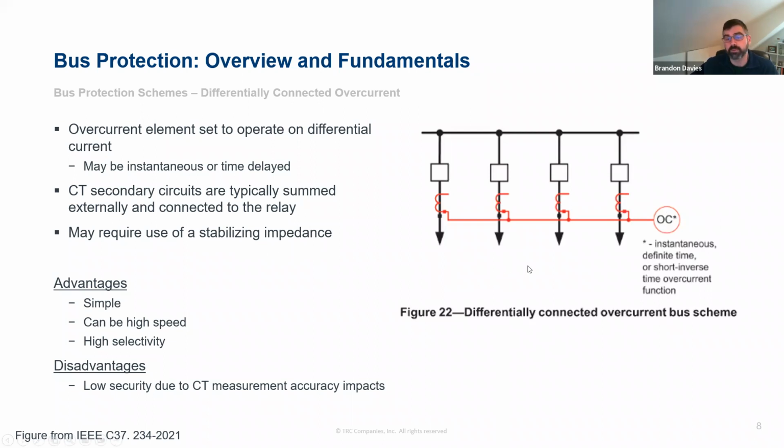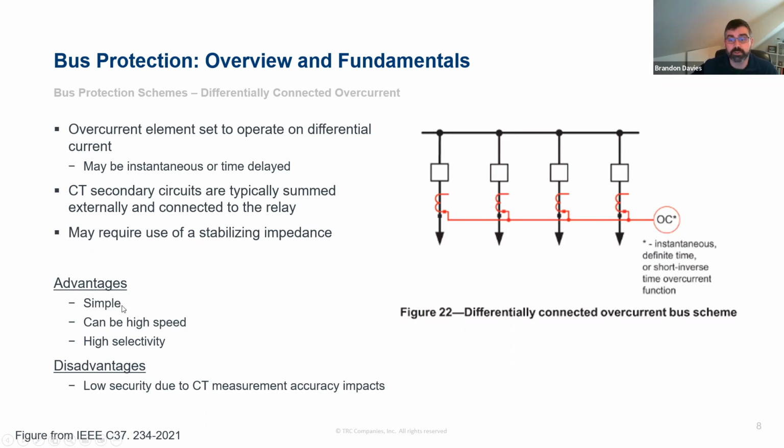But it is something that we still see used in older installations. And as recently as a couple months ago, I helped one of the engineers on my team work through a differentially connected overcurrent scheme like this. So it does have some advantages.